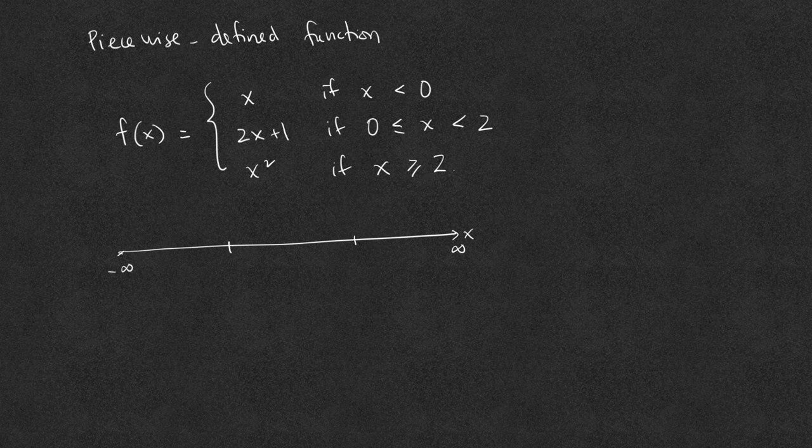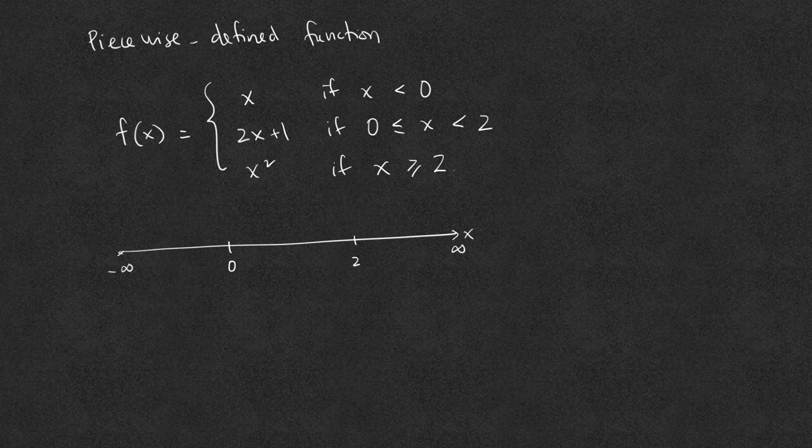In this case, x is less than 0, meaning that x goes from the left, negative infinity, all the way to 0, and then the middle piece goes from 0 to 2, and then the last piece is when x is greater than or equal to 2.